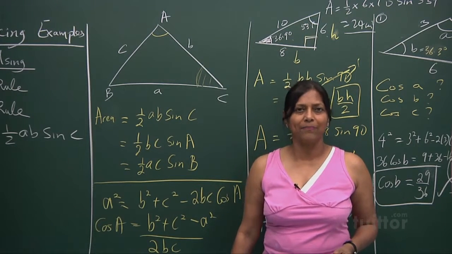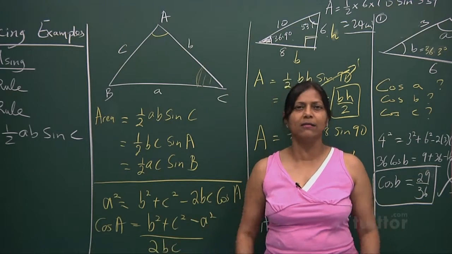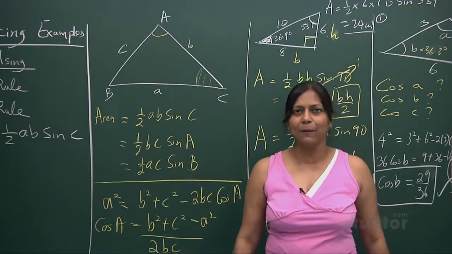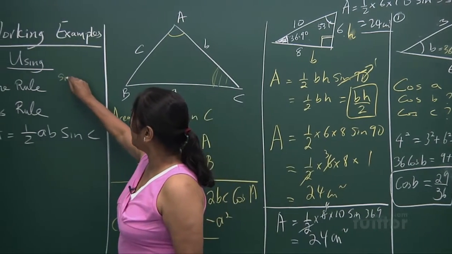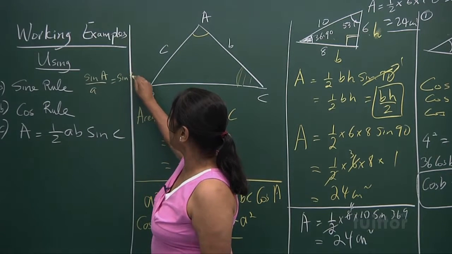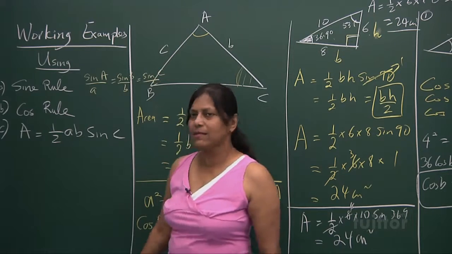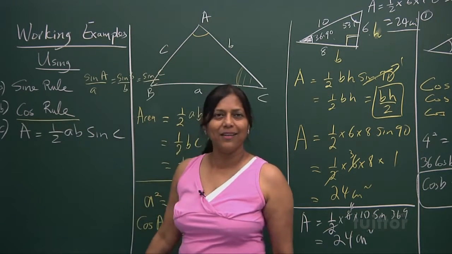It can apply for even a scalene, an isosceles, an equilateral triangle, an obtuse triangle. As long as it's a triangle, it applies. And in sine rule, you get sine A over A equals sine B over B equals sine C over C.